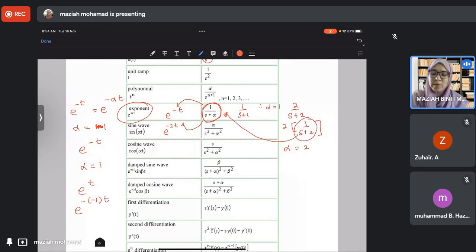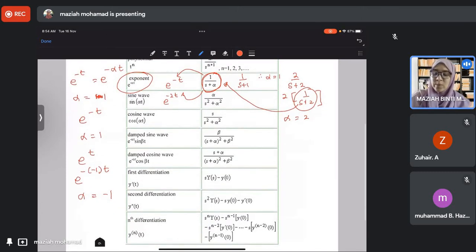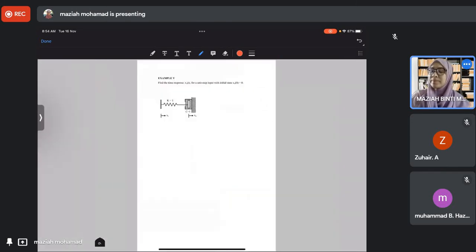Therefore we consider alpha is minus 1. So if alpha is minus 1, in Laplace it becomes 1 over s minus 1. So we're going to apply 1 over s minus 1 into the equation.